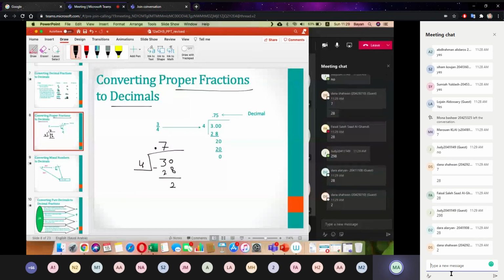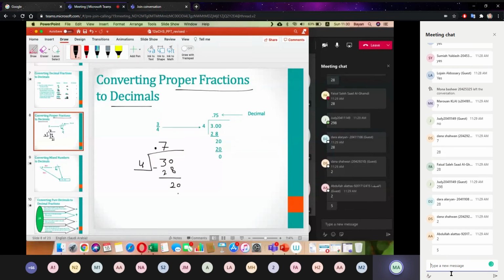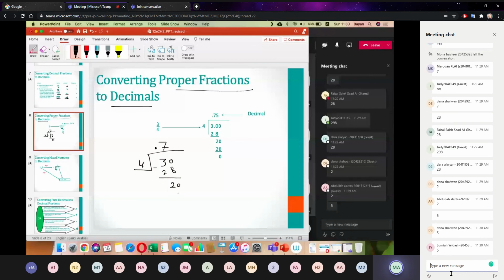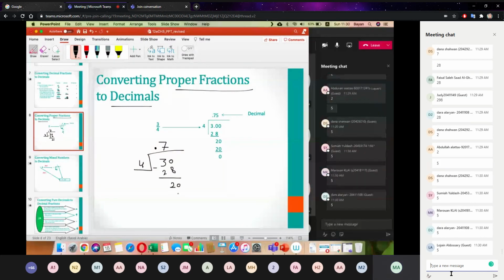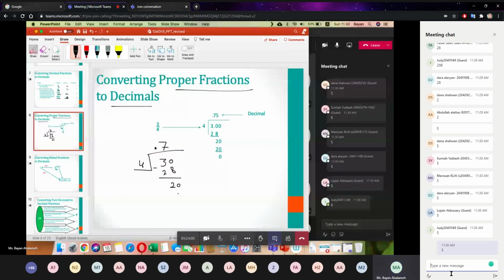So then we subtract 30 minus 28 will give you 2. Then we add 0. Why we add 0? Because we have decimal point here. We can add 0. 20. Any value multiplied by 4 give you 20. 5.